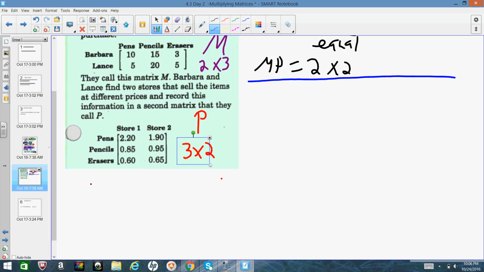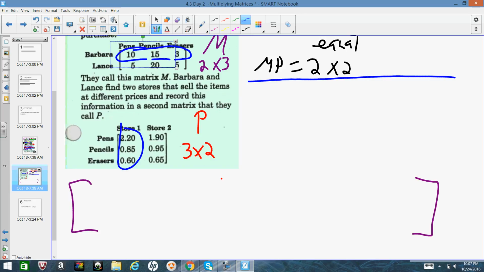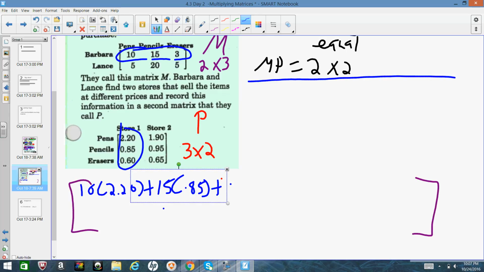To compute this, I'm going to draw my brackets. So to compute MP, I'm going to take the top of M times the left of P. So I'd have 10 times 2.20 plus 15 times 0.85 plus 3 times 0.60.